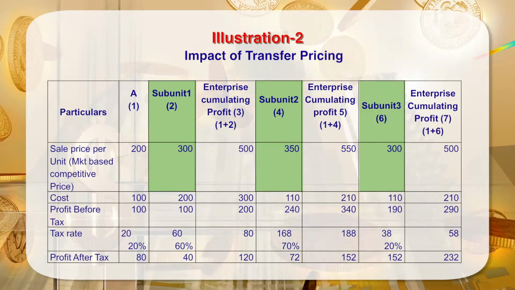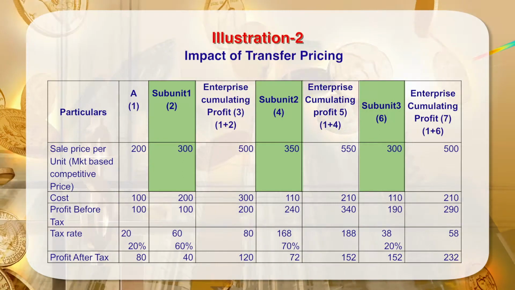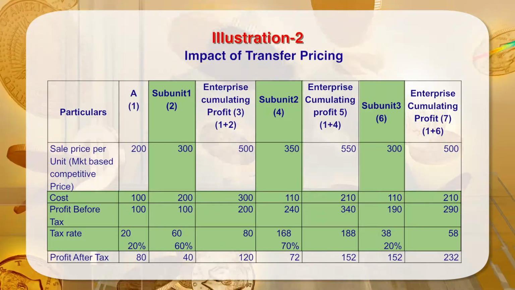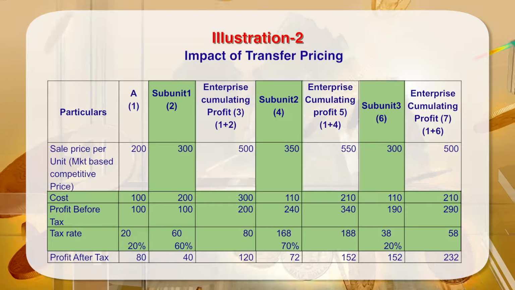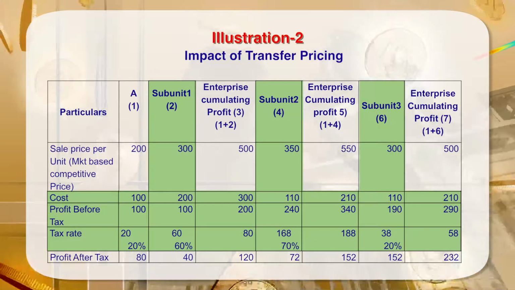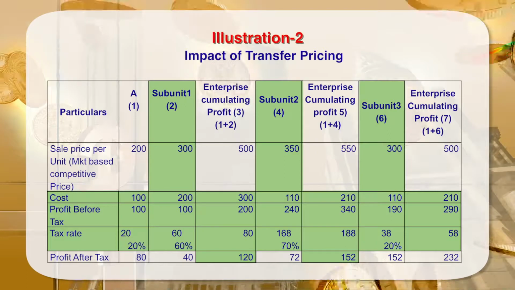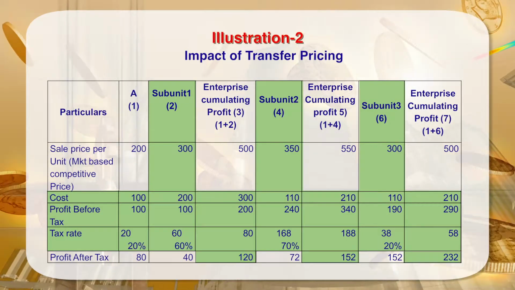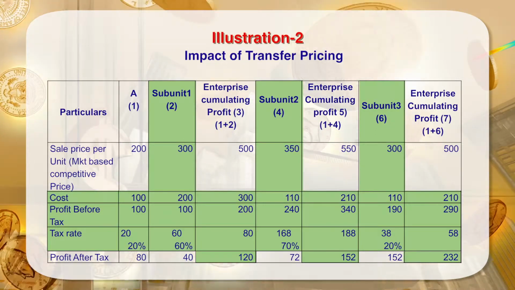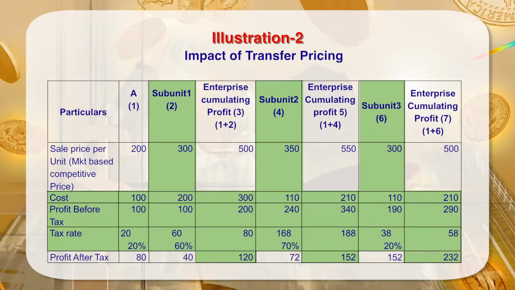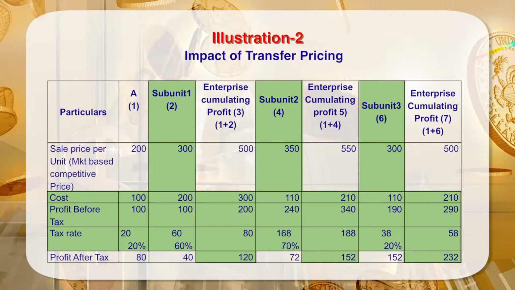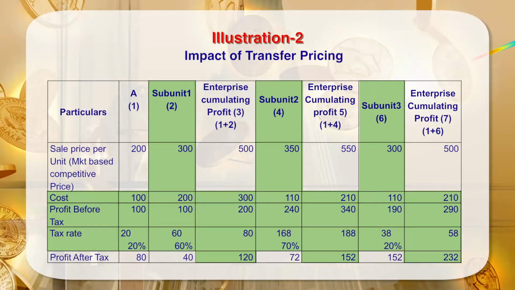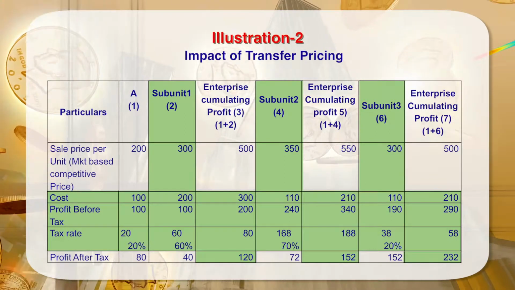Subunits' costs vary due to differences in supply chain cost variations such as transportation, warehousing, etc. So, the profit generation of the subunits varies, yielding rupees 120, rupees 152 and rupees 232 as enterprise cumulative profit when A unit sells to subunits 1, 2 and 3 respectively. Therefore, A unit shall prioritize selling the products as per the cumulative profit to subunits 3, 2 and 1 respectively and optimize the utilization of its resources.